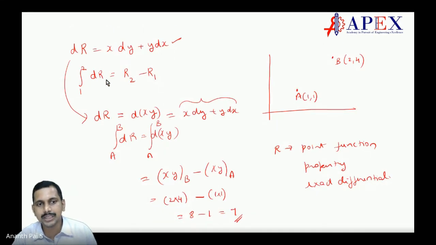Integrating dR, we saw R1 minus R2, and you got 7 only.